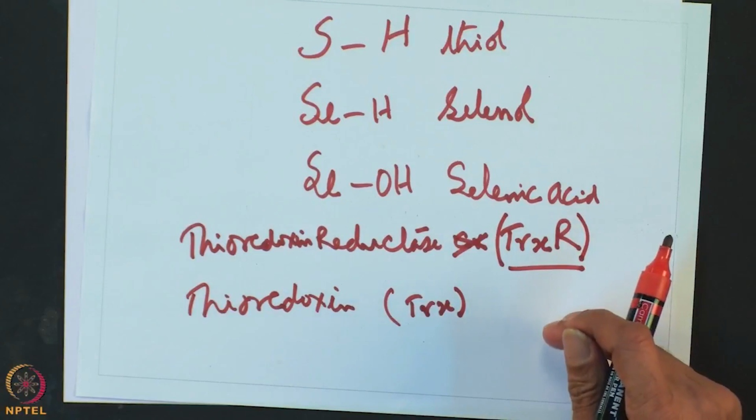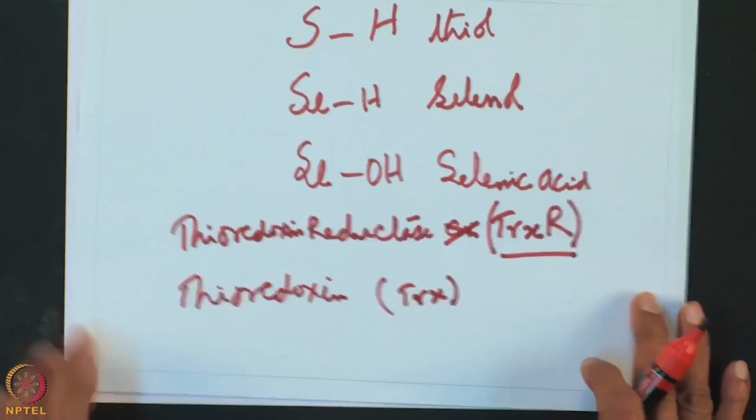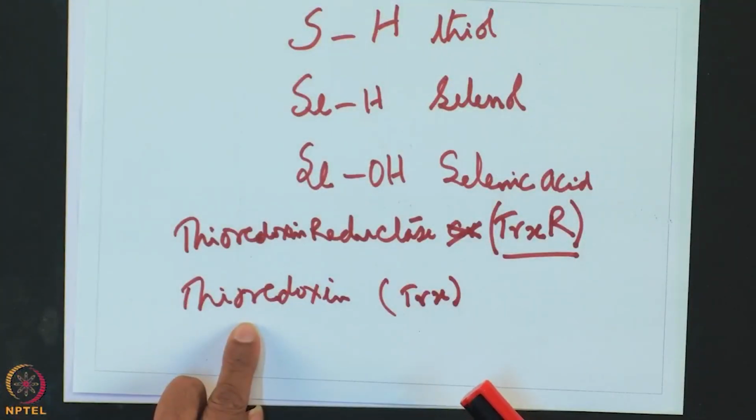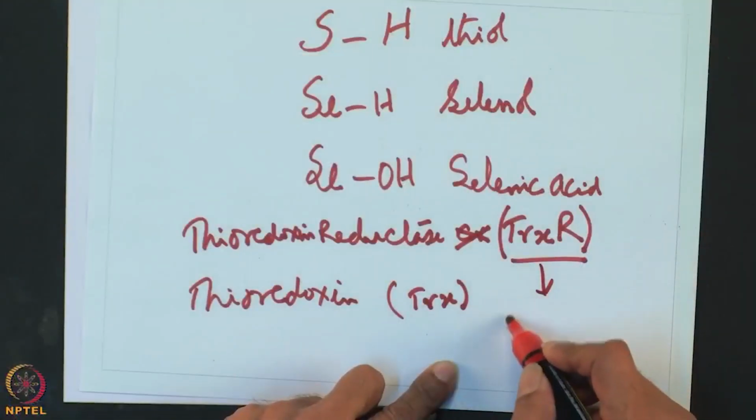And so, what will it do? The TRXR, thioredoxin reductase, will reduce the disulfide bond present in the thioredoxin, and that will be coupled to the protein, and the protein disulfide in turn is broken. Therefore, this TRXR has one cysteine and one selenium disulfide.